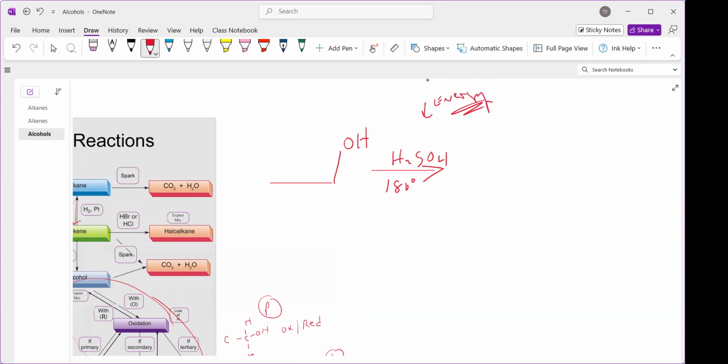Lots of energy. Okay, so what happens now? We're going to pull off water. Water is H2O, as you know. So we have an OH here, and on an adjacent carbon, not the same carbon the OH is attached to, is there an H present?